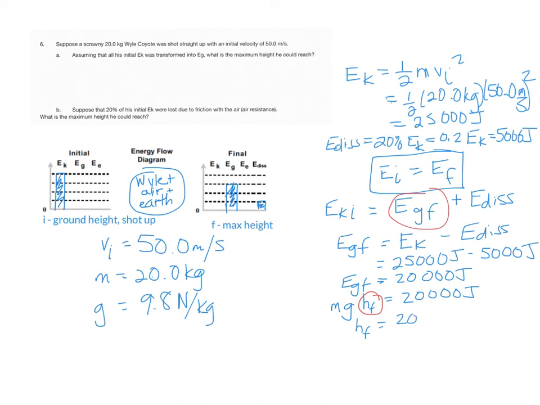I'm just going to use newton meters instead, one of the equivalent units for joules, and then divide by my mass, which is 20 kilograms, and also divide by my gravitational field strength, which is 9.8 newtons per kilogram.